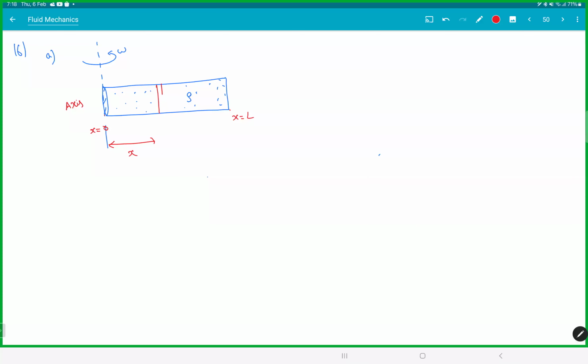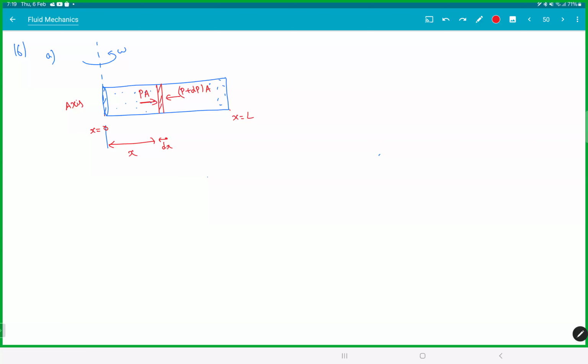You take a small slice, dx. So pressure from here will be P into area. Pressure here is P plus dP into area. Think of it like this. Imagine you're standing in a queue. What is the person in front of you doing to you? Pushing you back. What is the guy behind you doing? Pushing you front. So for this dx, that's how it feels. There is a liquid in front of you, there's a liquid behind you.